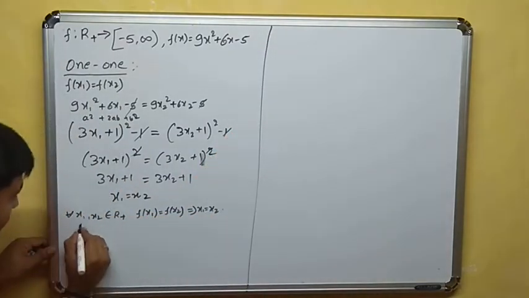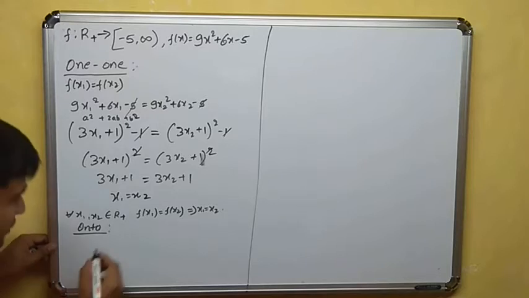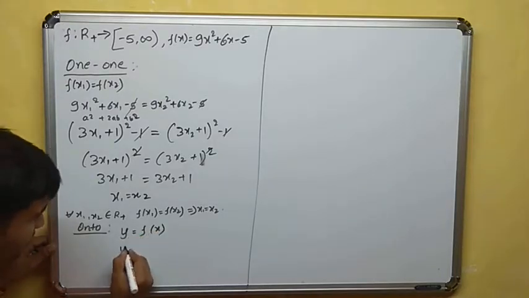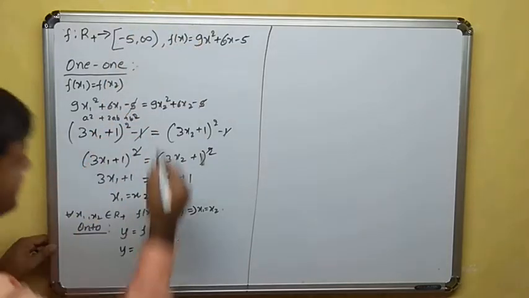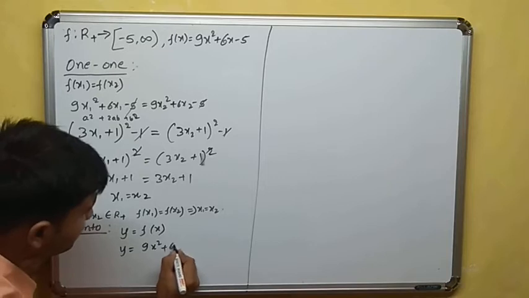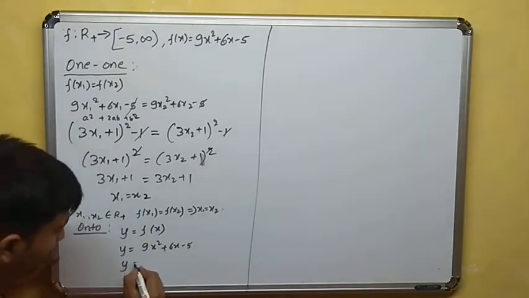Next, for onto. For onto we need to assume y is equal to f of x. So here y is equal to f of x, which is 9x² + 6x − 5. Again I will make it a perfect square.